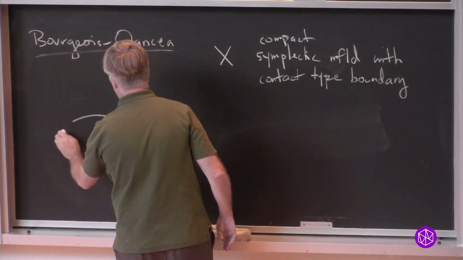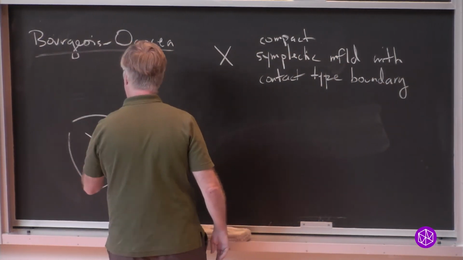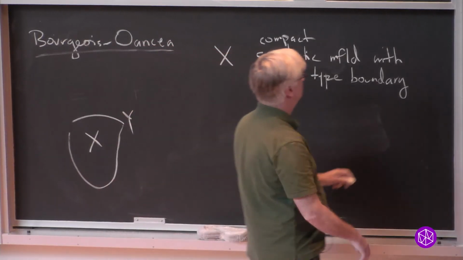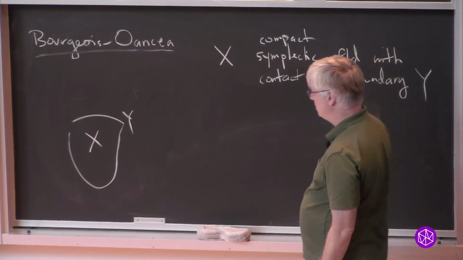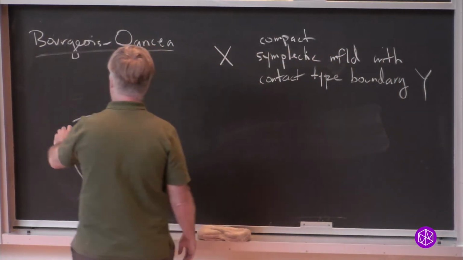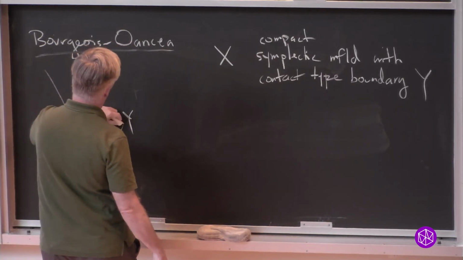It looks like this. It has some boundary Y. And then the usual thing you do in symplectic geometry is a so-called completion.